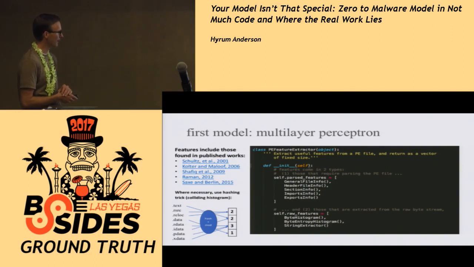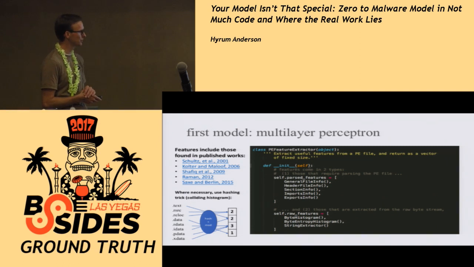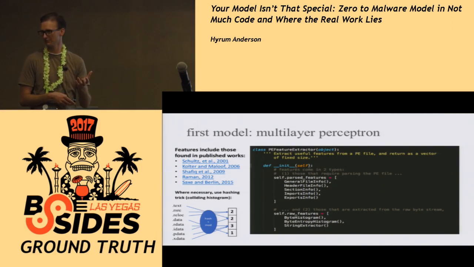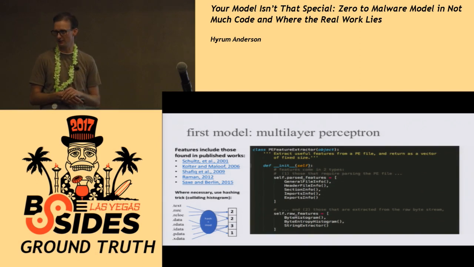They are things like general file information. How big is the file? When is the compile time? Header file information: does the checksum check out for the PE file? Section info: what are the section names and section sizes?